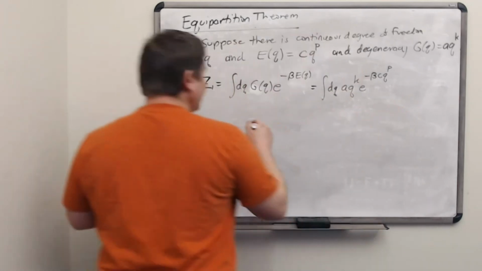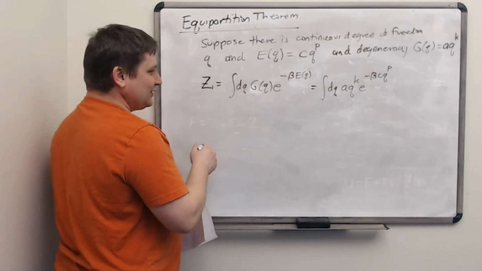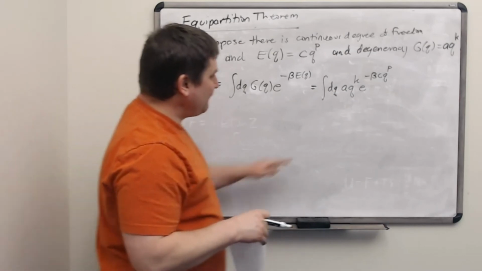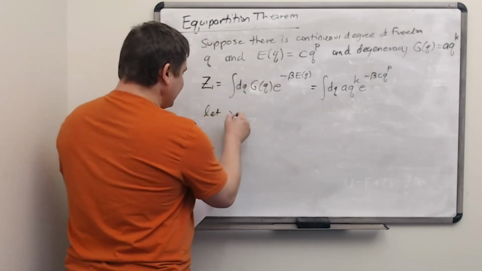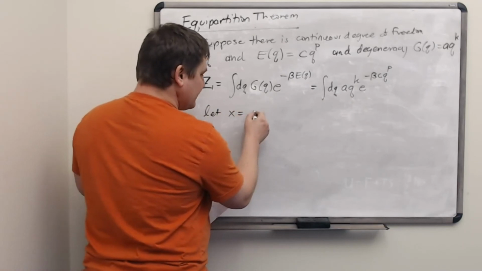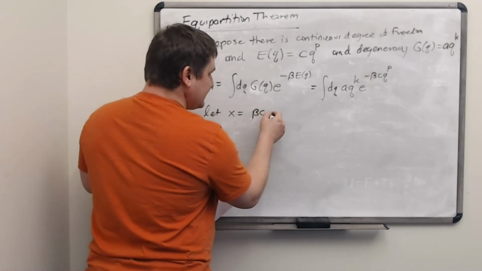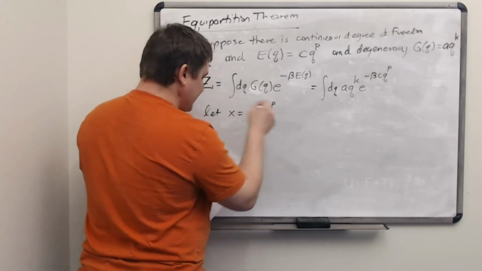So let's try to do this integral here. It looks pretty horrible, but we'll find out that there is a way to do this that's not too hard. We'll let x be equal to the exponent, so beta C Q to the P power.